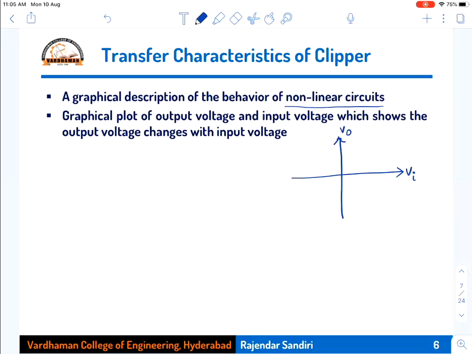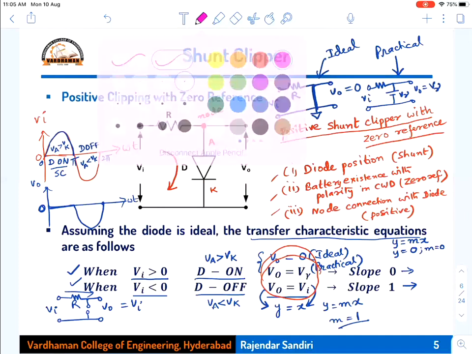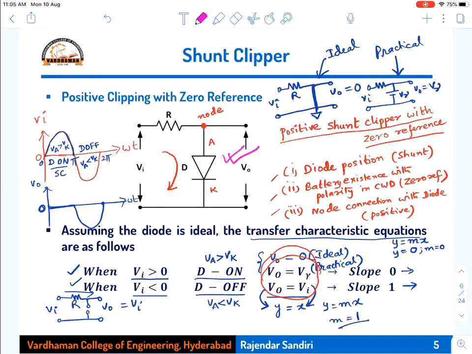Now what are all the things that are available? The circuit diagram is available. This is the circuit diagram. The input output waveforms. Then characteristic equations, then your transfer characteristics plot.